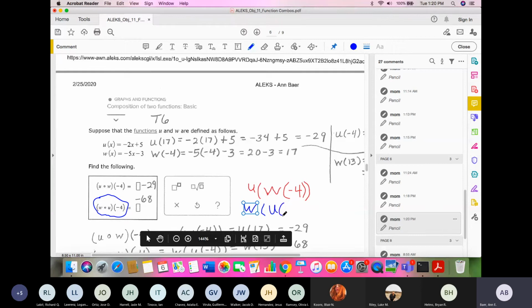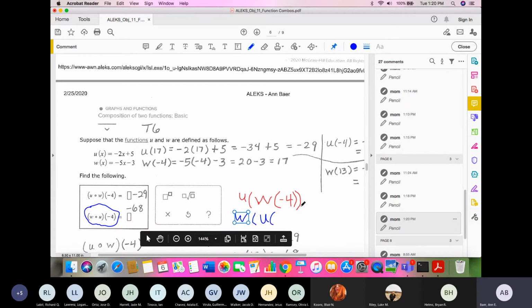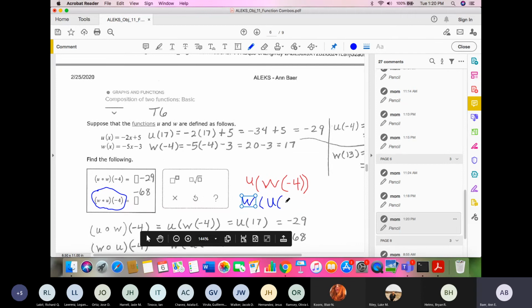You want to write down a parenthesis after each letter. And then what's your number? It is -4, so we write down -4. And then we have to close off the parentheses. How many parentheses do we have? 1, 2. And that is workable form.